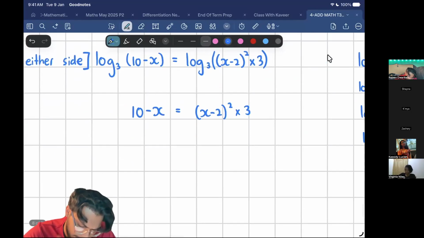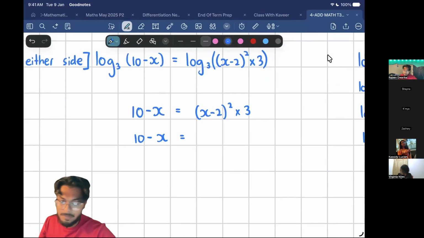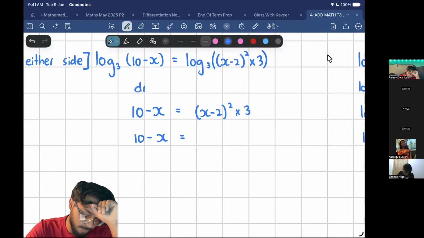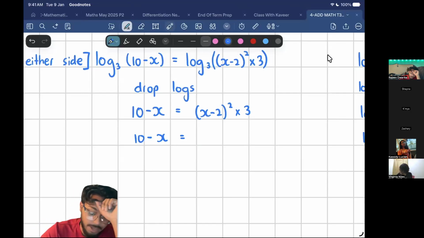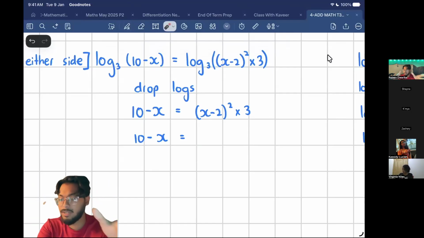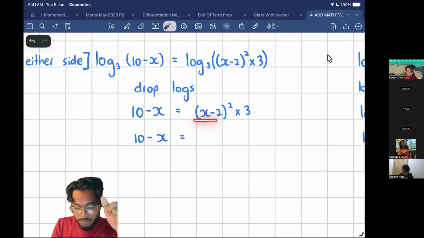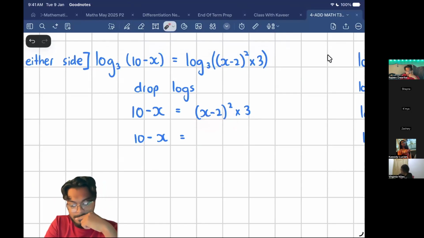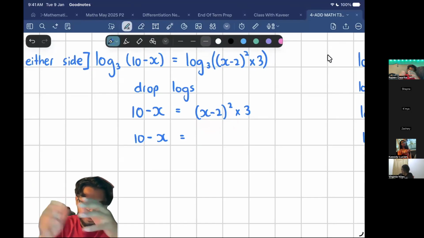Tell me what your right hand side will be. Remember brackets first. So what do you do with the brackets? Expand them. Good. What is x minus 2 squared?